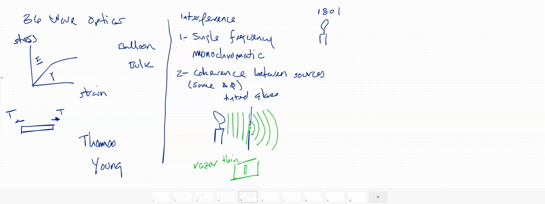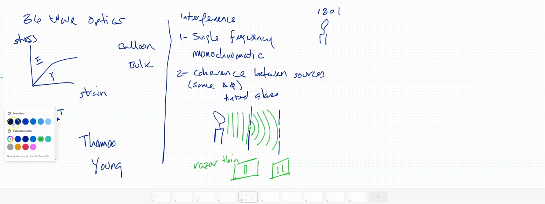And then he repeated this and now he put another screen with two slits, right? Two slits. So again, with a knife or razor, he did two little slits. And the whole point was, he managed the monochromatic aspect of the light with the filter.